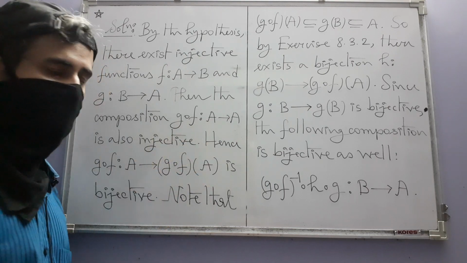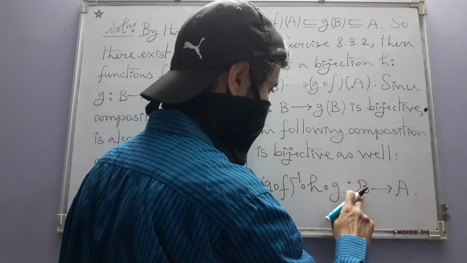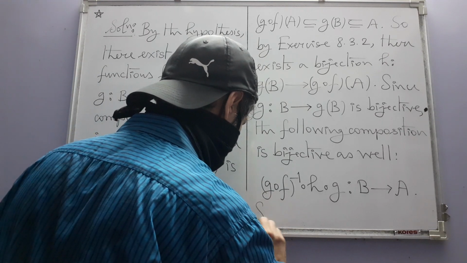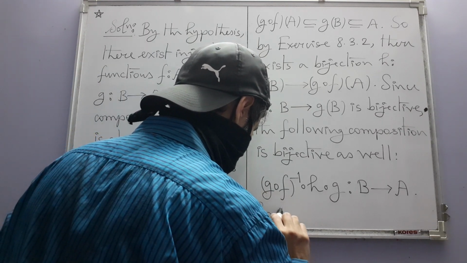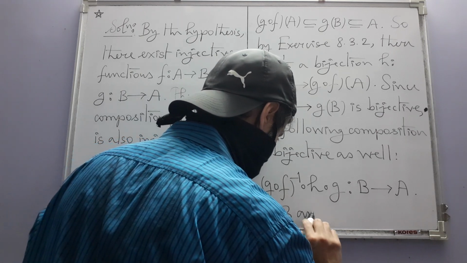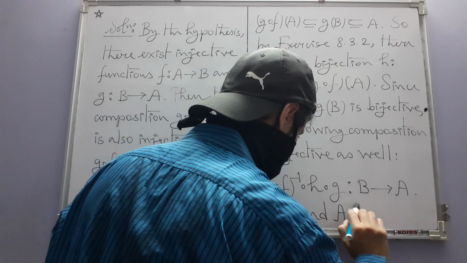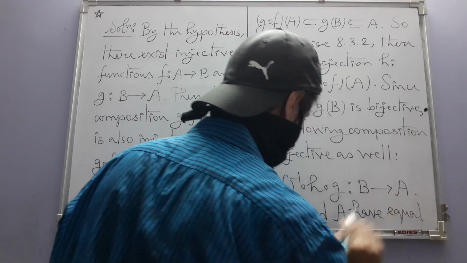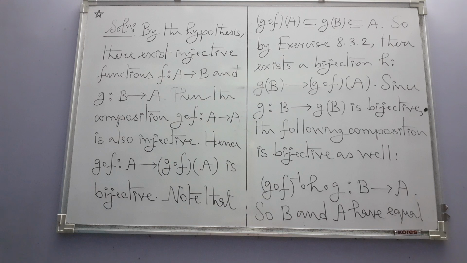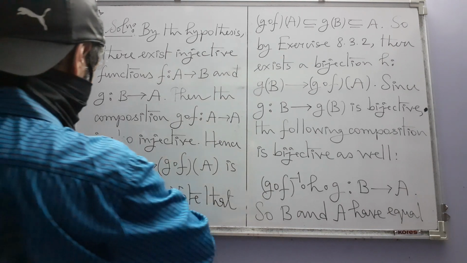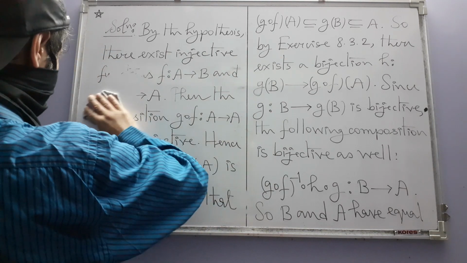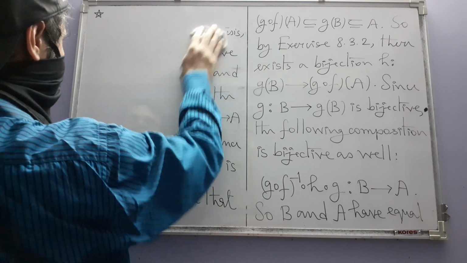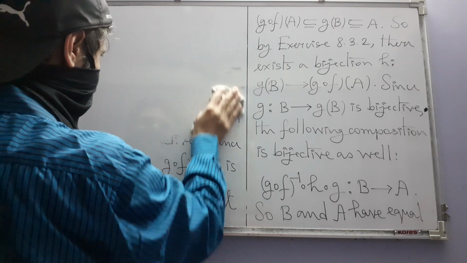So that itself is a bijection. So we have now found a bijection between B and A. That's it. So B and A, or A and B, same thing, have equal cardinality.